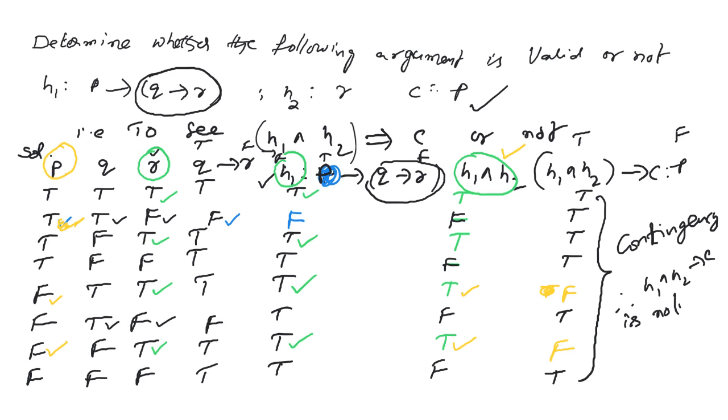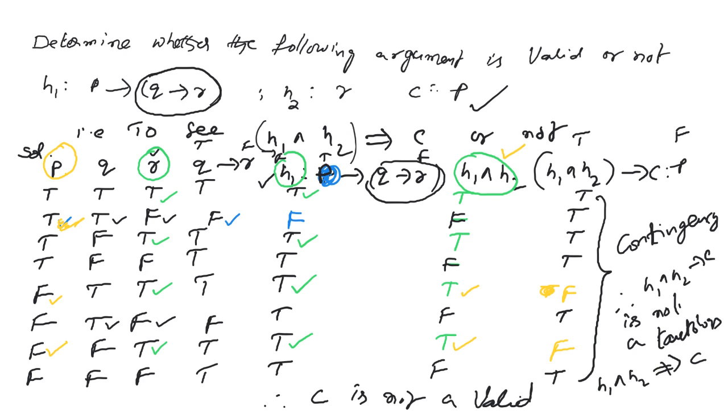This means H1 and H2 doesn't imply C. Therefore C is not a valid conclusion drawn from the premises H1 and H2.